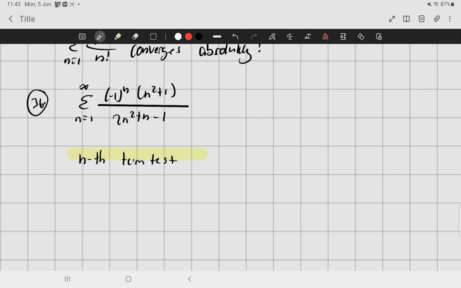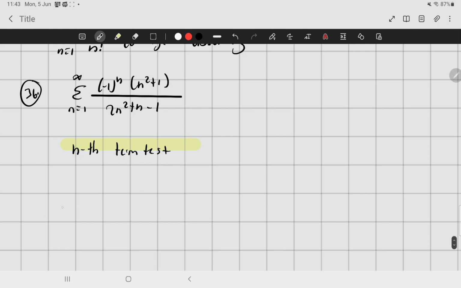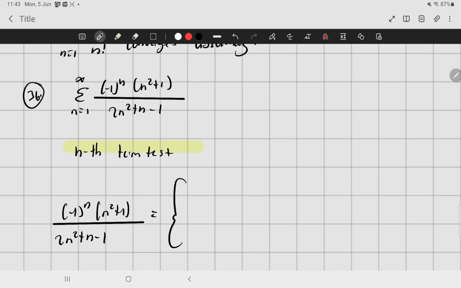Okay, let me drink some water. So let's create a piecewise function for ourselves here. Okay, here we go.